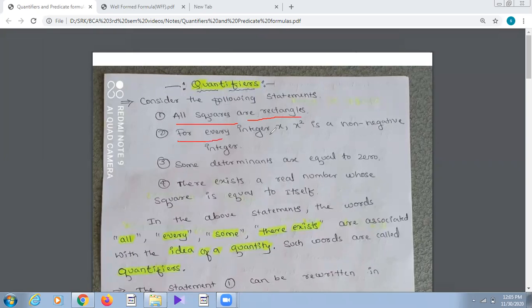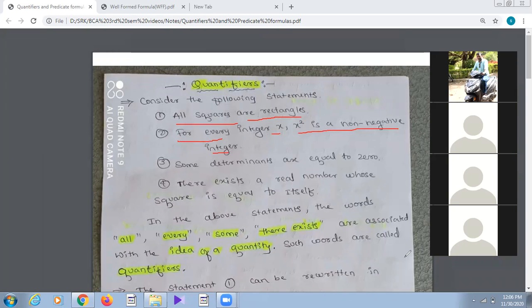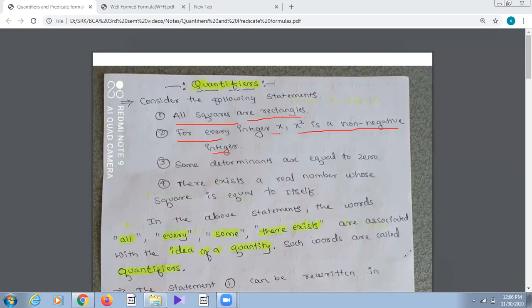Next, for every integer x, x square is a non-negative integer. Next example: some determinants are equal to 0.